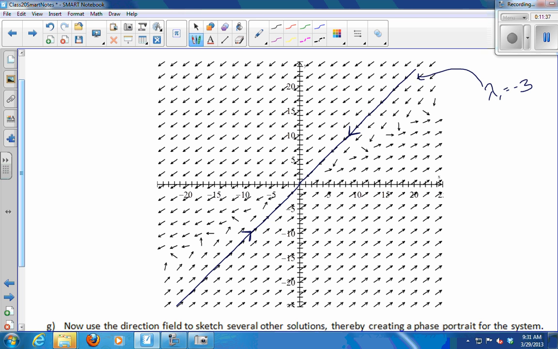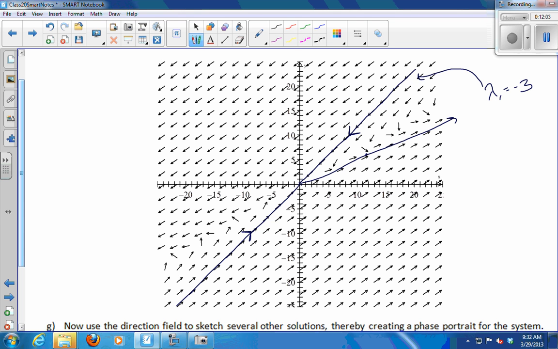Okay, so my other straight line solution, the one associated with lambda equals 2, was y equals 6/11 x. So I go over 11, up 6, about right there, and I graph this line.